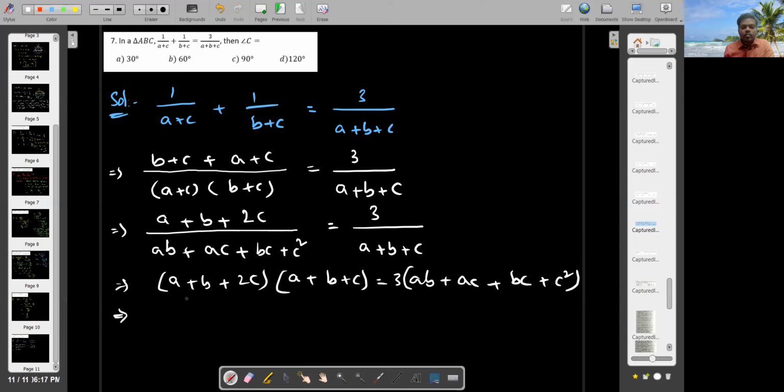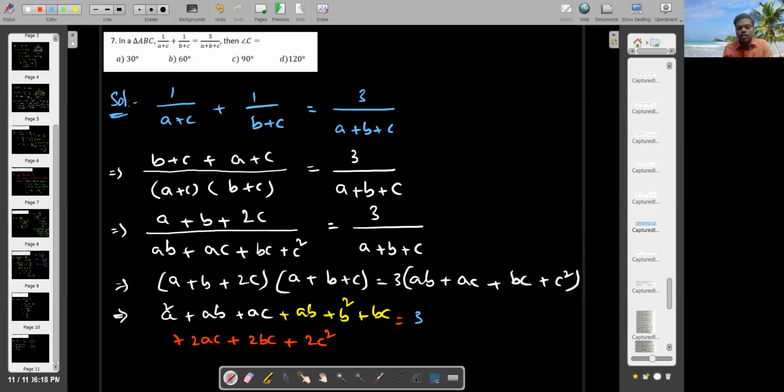That implies, first multiply with a: a square plus ab plus ac. Next multiply with b: ab plus b square plus bc. Next multiply with 2c: 2ac plus 2bc plus 2c square. That equal to 3ab plus 3ac plus 3bc plus 3c square.